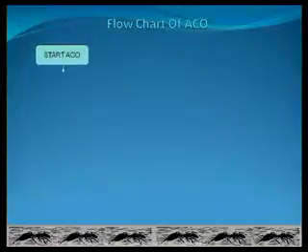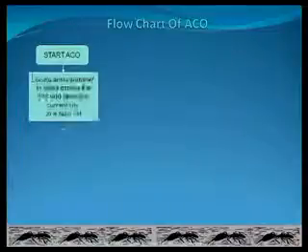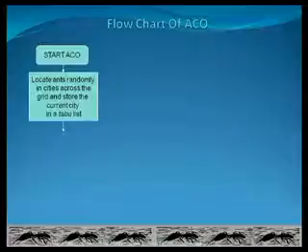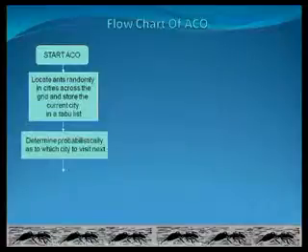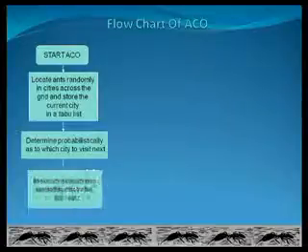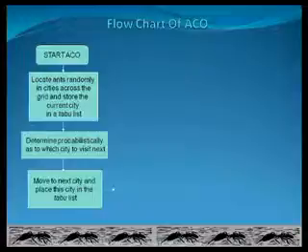Start ant colony optimization. Locate ants randomly in cities across the grid and store the current city in a taboo list. Then determine probabilistically as to which city to visit next. Move to next city and place this city in the taboo list.